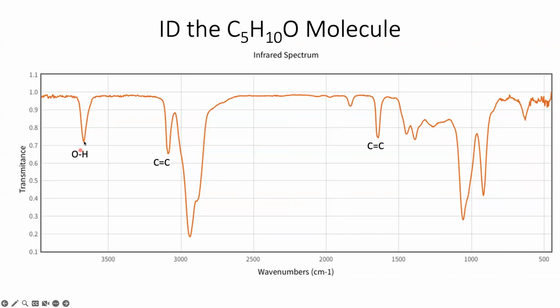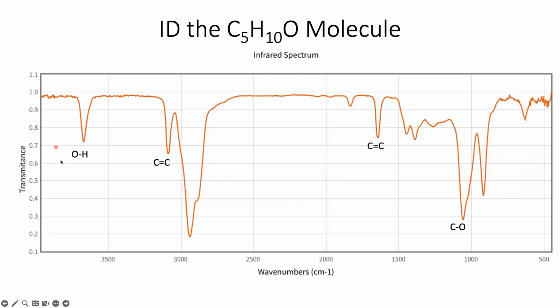So that's going to be my OH bond. And we can indeed confirm that I do have a CO bond, because I have a decent peak around 1100, which would agree again with an alcohol. But that said, it would also be present for the ether.